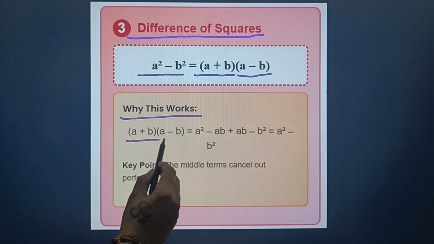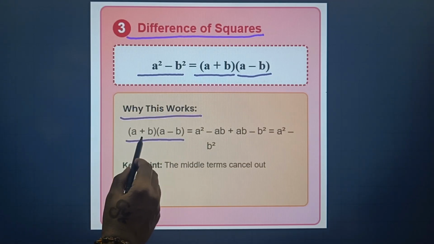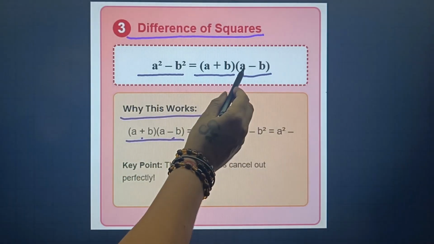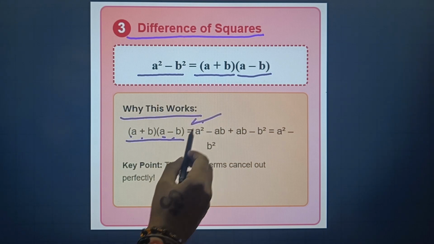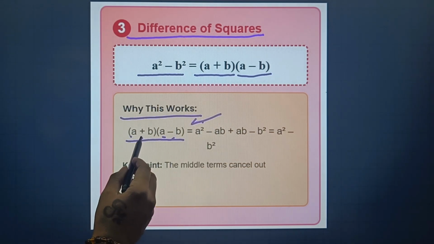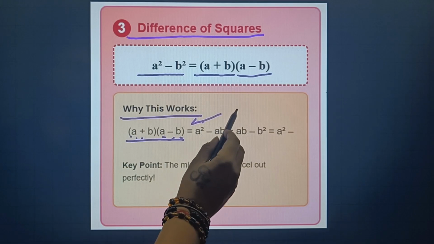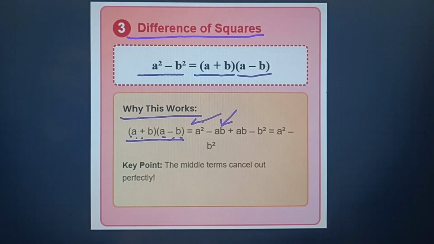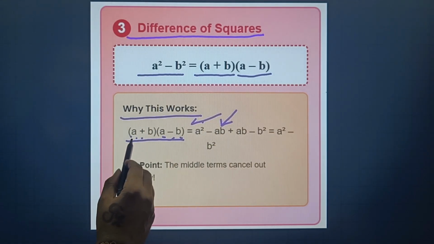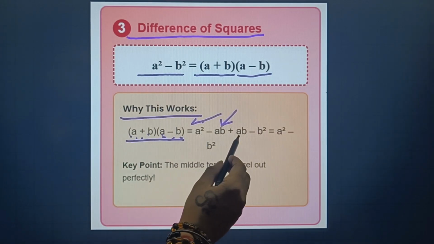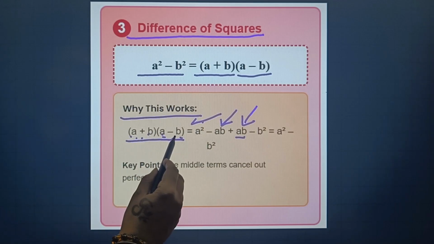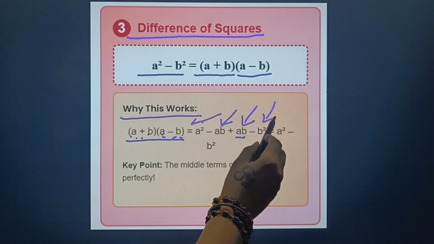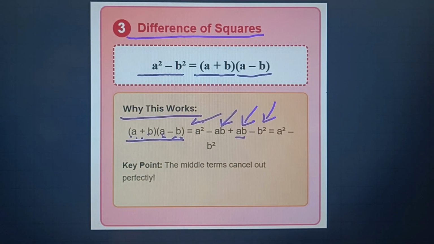So let's expand the terms a plus b into a minus b of the RHS here. So a into a will give you a square, then a into minus b will give you minus ab, then b into a will give you ab, and b into minus b will give you minus b square.